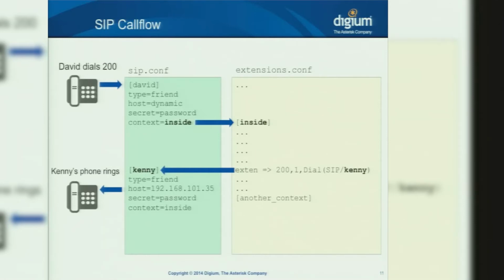This scenario could occur, again, with host equals dynamic, provided that the Kenny endpoint has registered with Asterisk. Asterisk will not change the sip.conf file. It won't go in and rewrite the file for you and replace the word dynamic with the IP address. It caches that in memory. So you don't have to worry about constantly going back and helping Asterisk. No, it's host equals dynamic. Please stop doing that. This is not how it works.